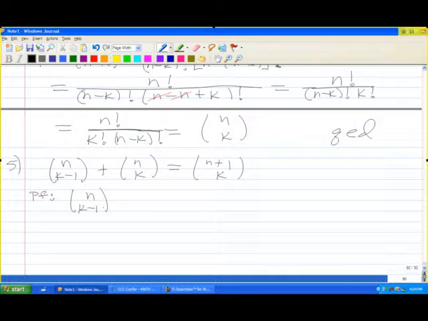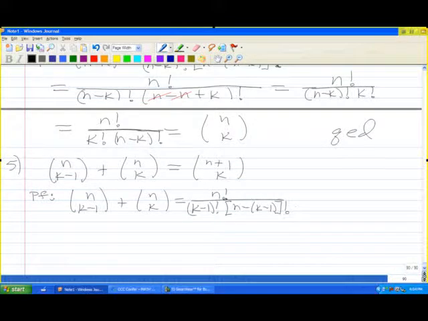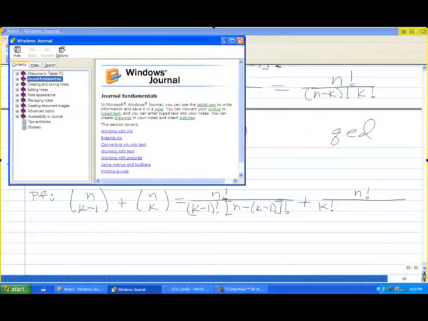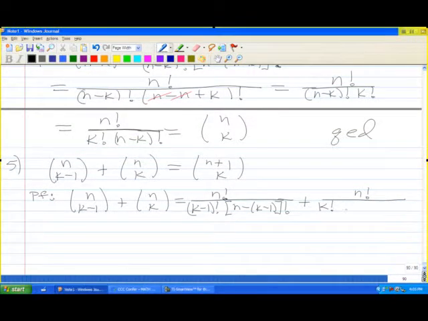nCk minus 1 plus nCk is equal to n factorial over k minus 1 factorial times n minus k minus 1 factorial, just using the definition of the binomial coefficient, plus n factorial over k factorial times n minus k factorial.